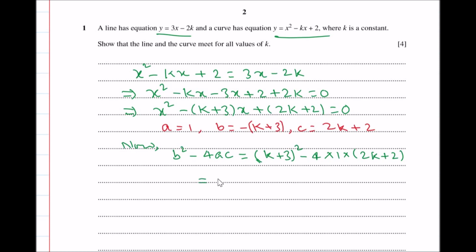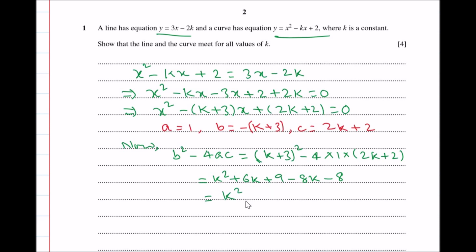Now let us expand the bracket: k square plus 6k plus 9. Now let us expand the other bracket also, so minus 8k minus 8.